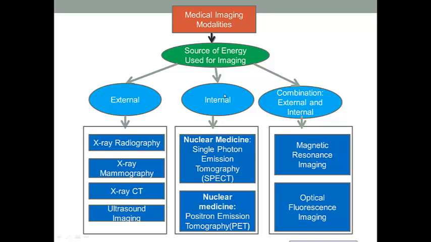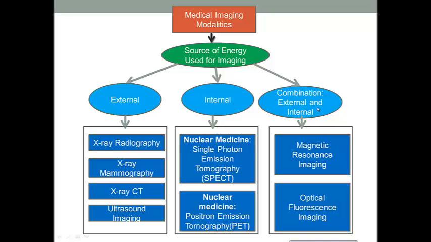If it's an internal image modality, that means the energy to activate the image is from inside. It's not a human being putting some energy there. For example, there is SPECT and also PET.